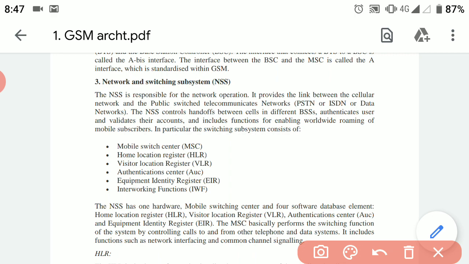It includes functions such as network interfacing and common channel signaling. So these are the functions of the major units of a GSM architecture, which include the mobile station, the base station subsystem, and the network and switching subsystem.